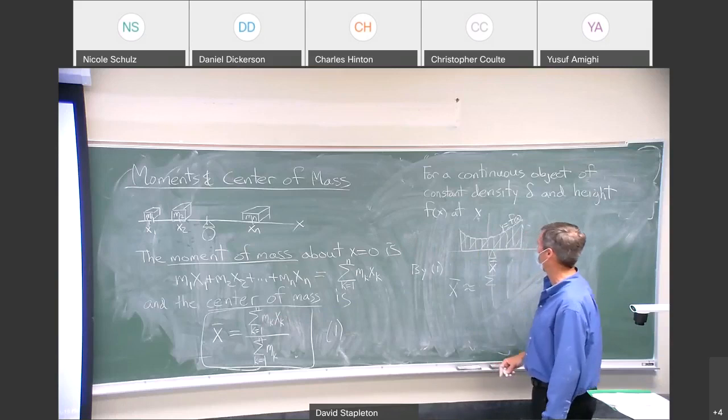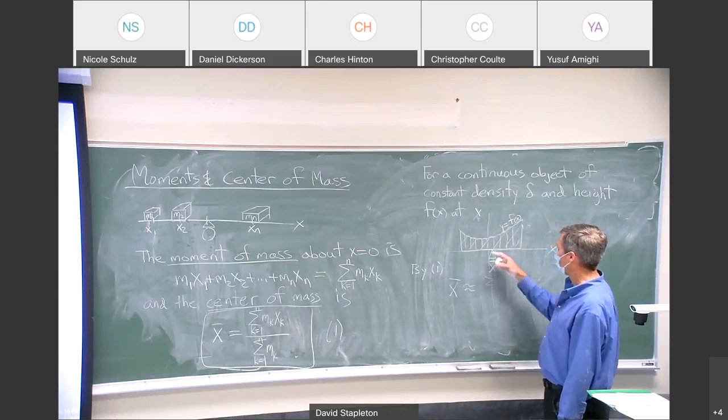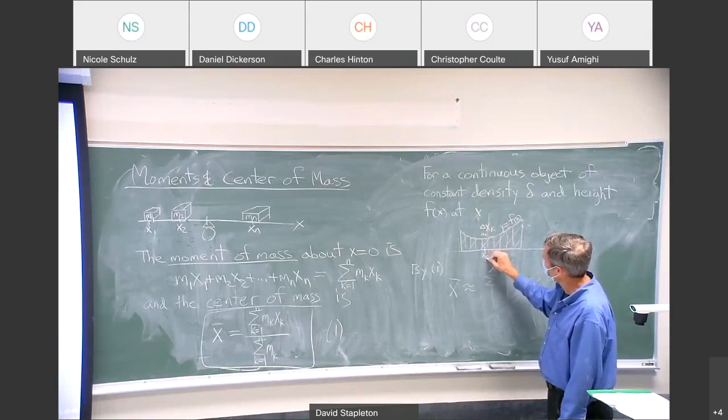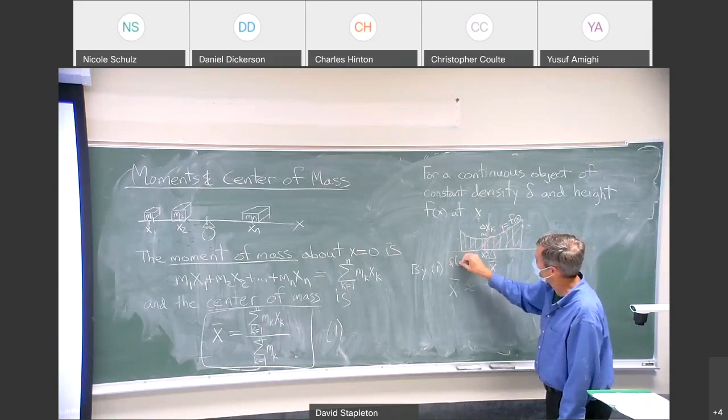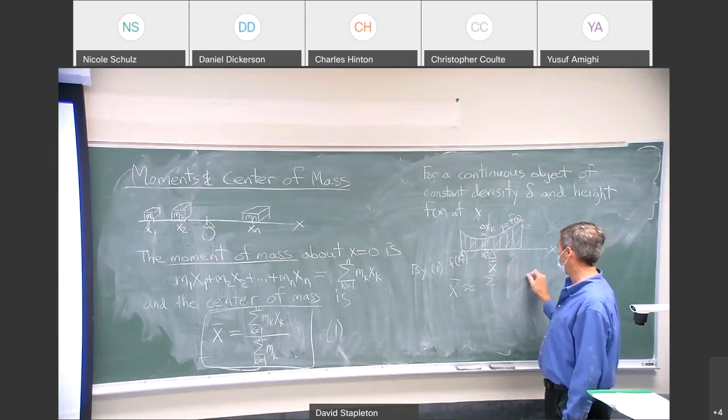Well, what's the mass? The mass of each little thing, if you take the kth one here, it's got a width delta xk. It's got some height at any point you want to take inside. Let's say the height of this rectangle I make to be f at xk star, some intermediate point on the kth interval.